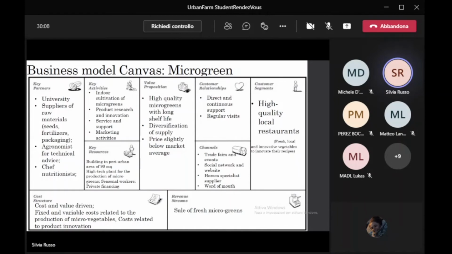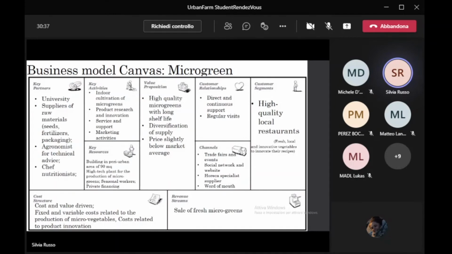A Horeca specialist supplier delivers their product to their customers, and they create a direct relationship with their customers, also offering continuous support and organizing regular visits to their customers.